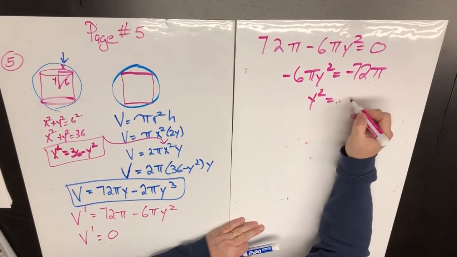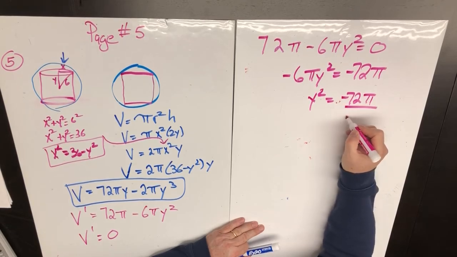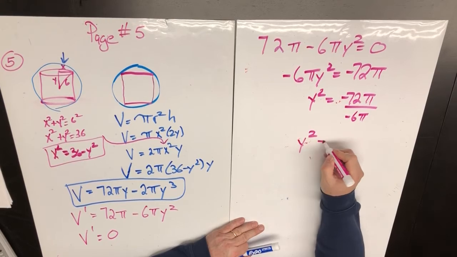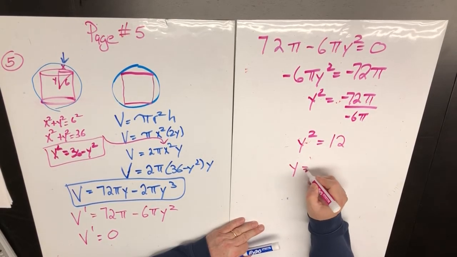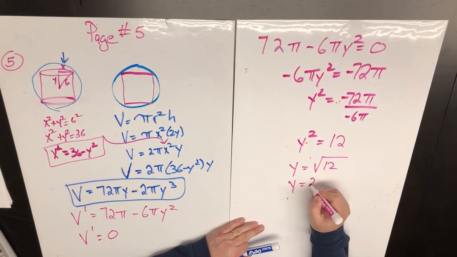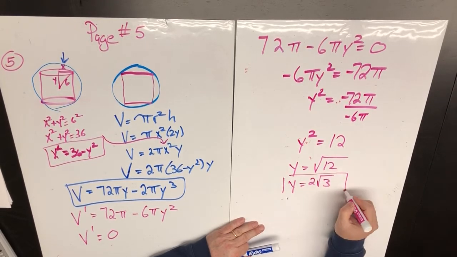Y squared equals negative 72 pi over negative 6 pi. So y squared equals 12. Y will equal the square root of 12, and that's 2 square root of 3. So that's the value of y.